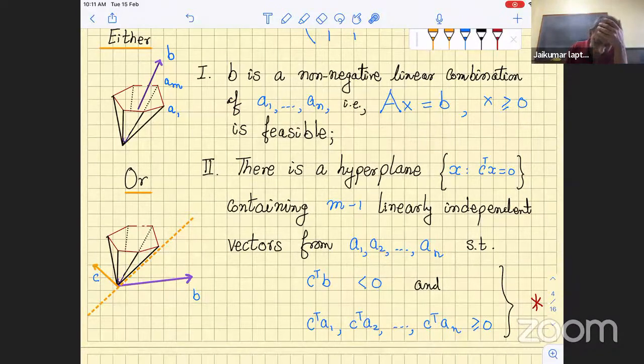Yeah, if this holds, then this cannot hold. Or sorry, what am I saying?